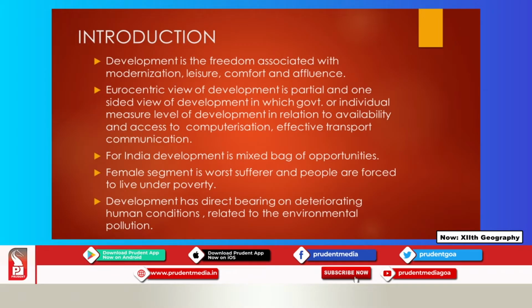These problems are also there in India. Then we have one more problem regarding colonization. Since Britishers ruled us for so many years, there were so many problems that we have been facing till date because of this colonization. So these factors will give you a different idea, a different phase of development in case of India.